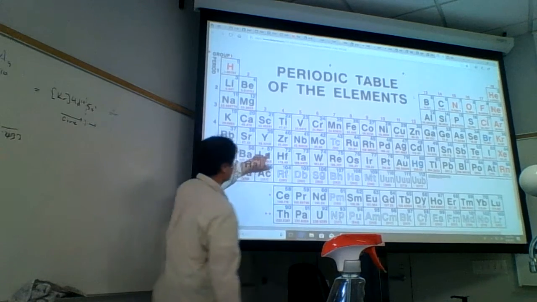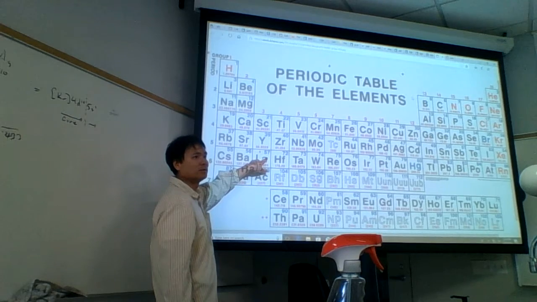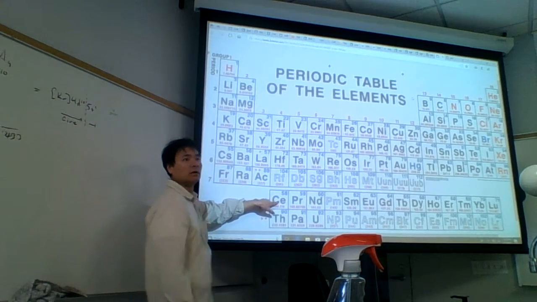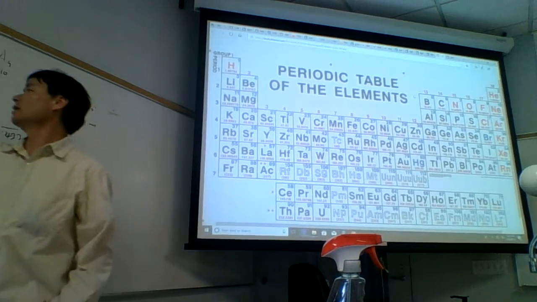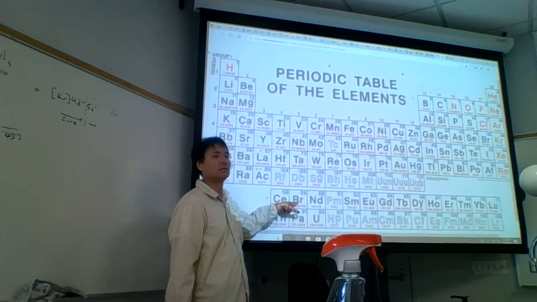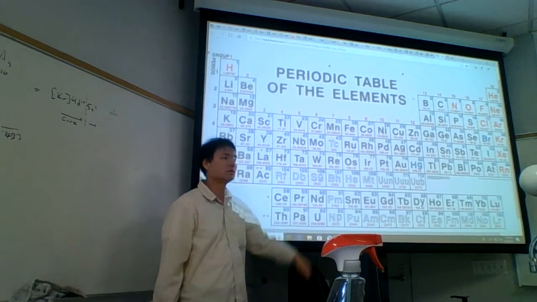You see, 57 is in the 5d. Where does the 58th electron go? In the 4f. So the 58th electron goes here. The 59th electron goes 4f. And then the 60th electron goes 4f.